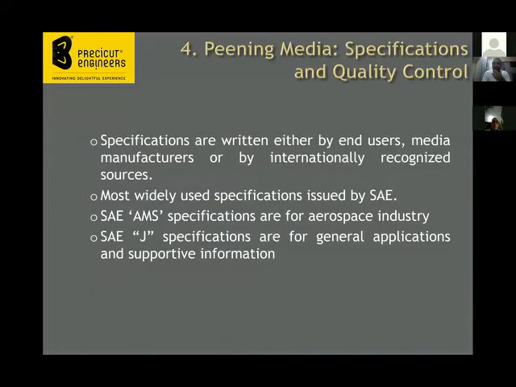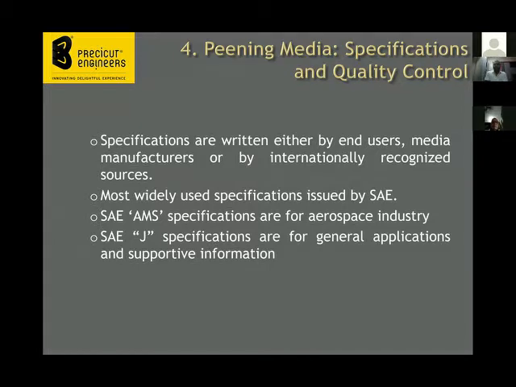Now what we'll do is we'll first look into the peening media, basically the quality control and the specifications required for shot peening media. Now here a lot of variety of media is used. You have got steel shots. Steel shots again have two categories: the cast steel shots and the cut wire shots. Then you have got the ceramic media. You have got glass beads. But for the sake of keeping the presentation compact, we'll focus on the steel shots, which is widely used in the industry.